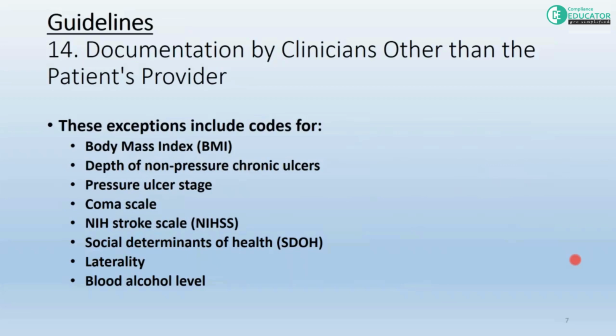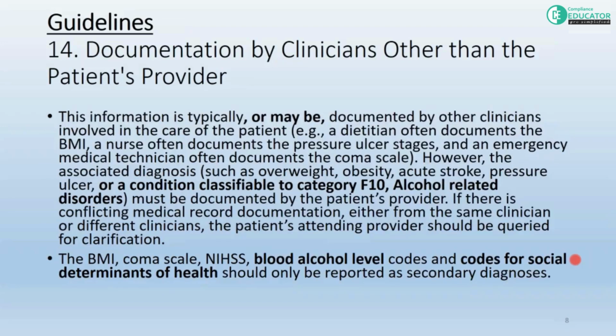In this section, we know we're talking about documentation and when we can have exceptions. We've had BMI and pressure ulcers and some of the staging. Coma scale has been added, stroke scale has been added, our social determinants of health, now laterality, and blood alcohol level are all part of that group of clinicians other than the patient's provider that have documentation in the chart that we are allowed to use.